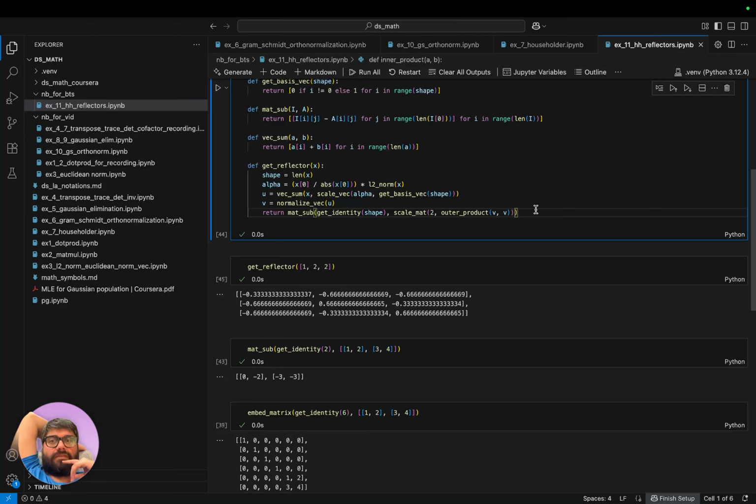I think some of the reason I could make this much progress on the Householder reflectors was because I spent so much time coming back to it every day and giving myself space in between sessions, allowing myself to goof off a little bit or think about other things in my life.